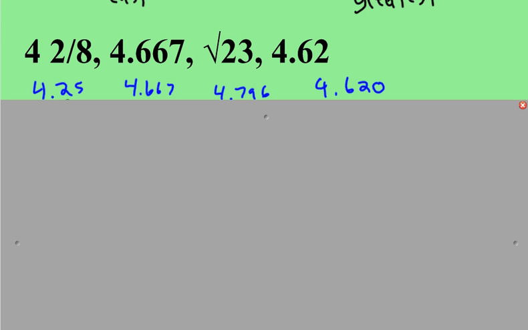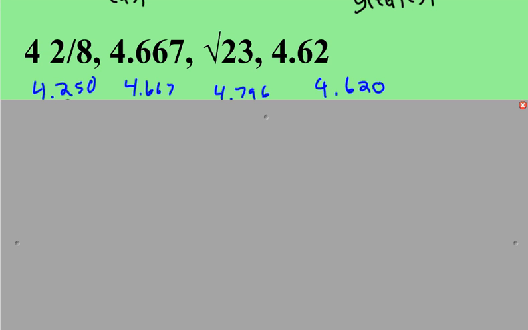So 4 and 2/8 would be 4.25, or add a 0 there. I forgot to do that. Add a 0 so we can compare them so they have the same decimal places. 4.250, or 250 thousandths. Then we have 4.667, that's already decimal. Square root of 23, if you use your calculator, is 4.796. And then 4.62, add a 0 to the end, so it's 3 decimal places, would be 4.620.